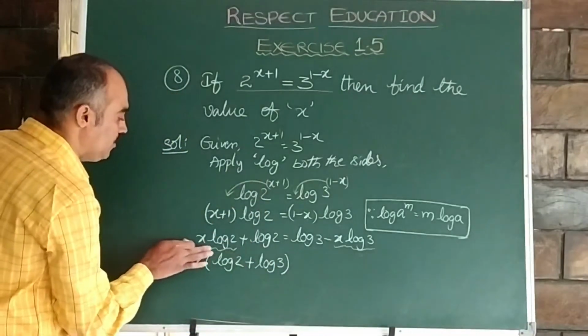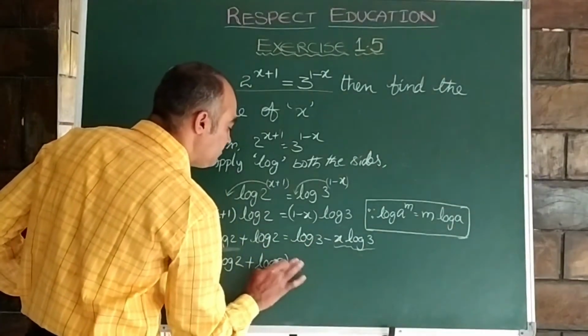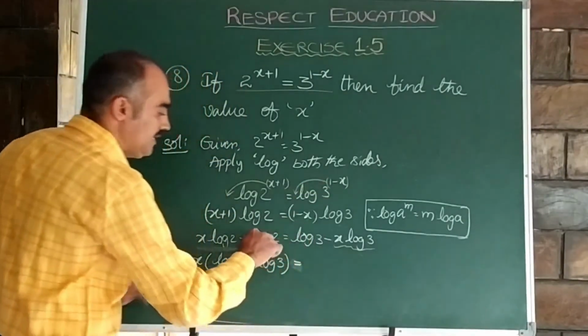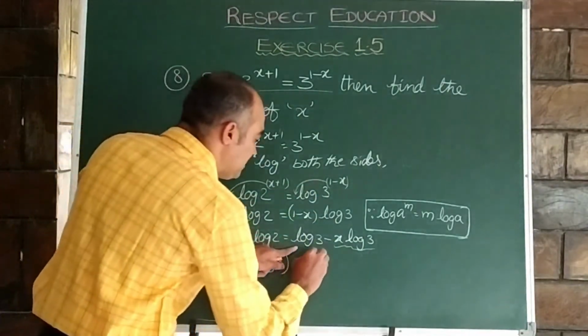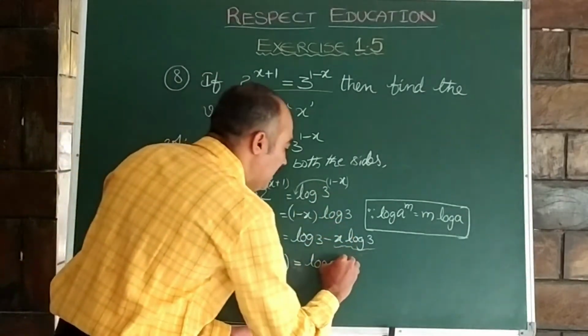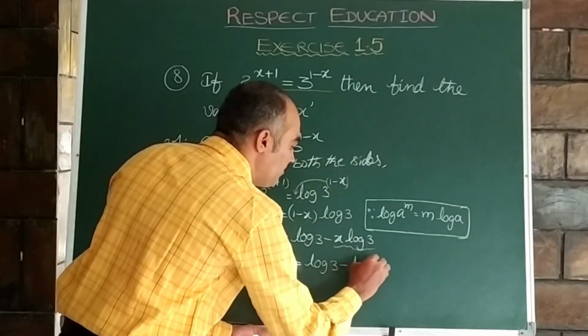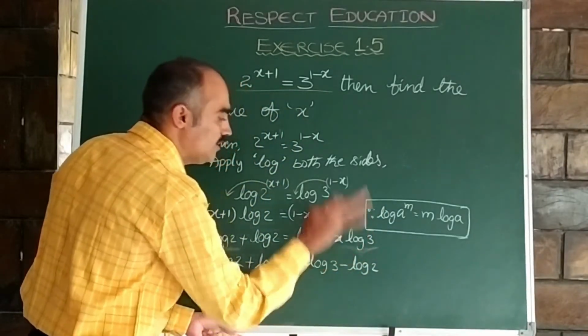Right? In the same way here also, let us send this log 2 that side. So it is log 3, positive log 2 becomes negative log 2. Actually here I am rubbing, children, you may be thinking this as divided by, that's why I am rubbing. Okay.